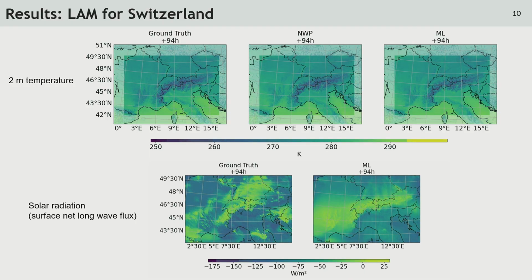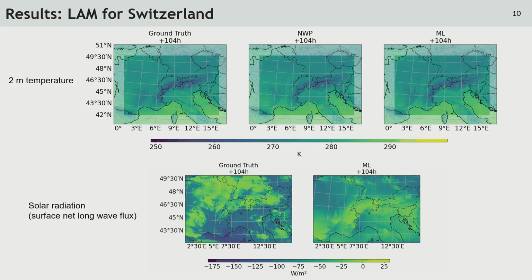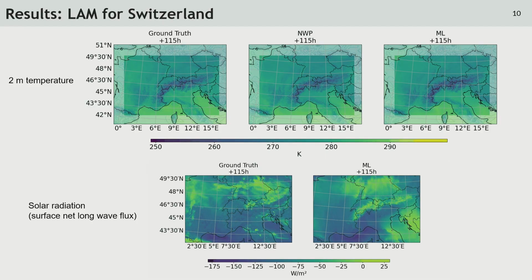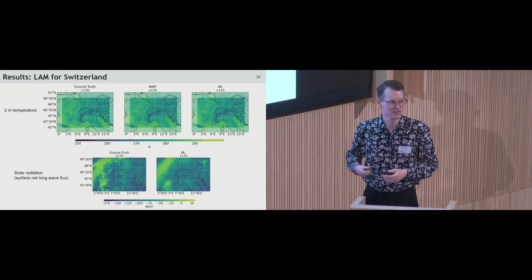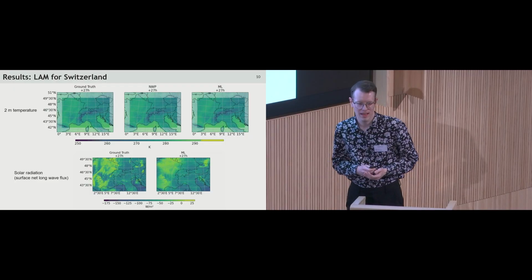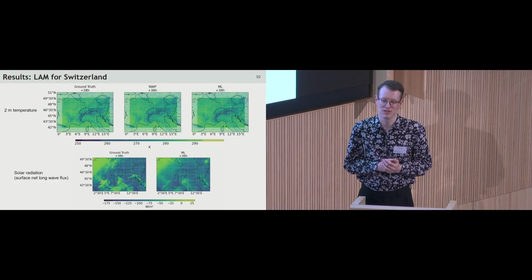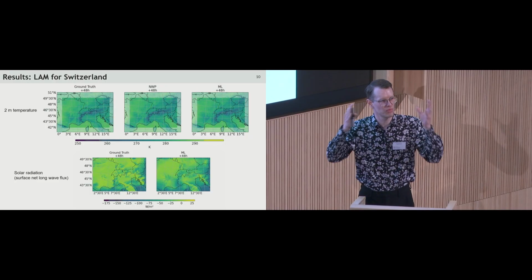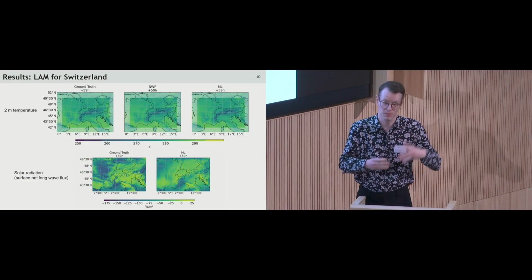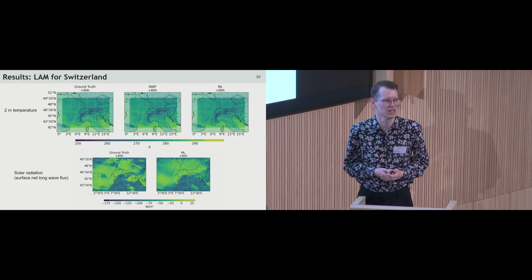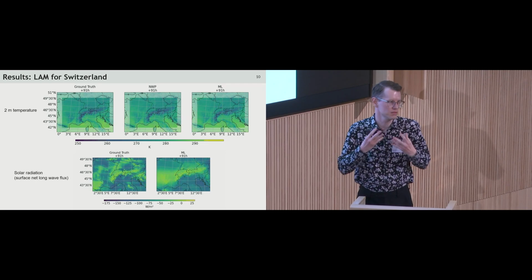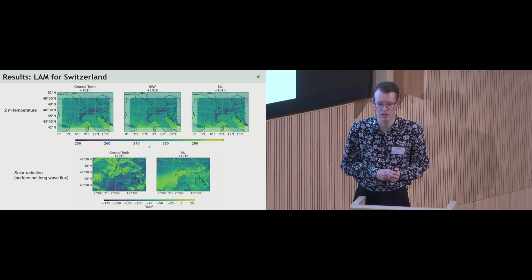And this is a pretty interesting variable because you can see that the machine learning model is doing something reasonable early on, but then as time goes on, this forecast kind of deteriorates. And the solar radiation is interesting because this is not a variable that's present in this boundary information. It is present in the initial condition, but the model doesn't know exactly what is moving into the area here. So it rather needs to learn this purely from correlations with other variables.